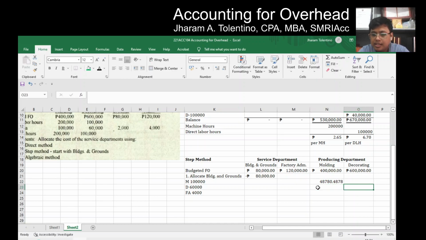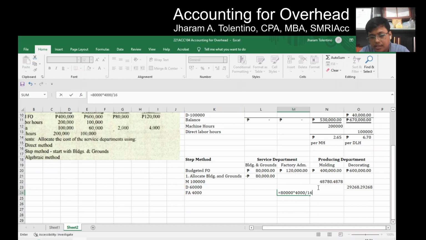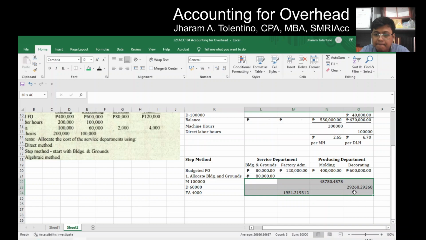Next, ito is 80,000 times 60,000 over 164,000. And lastly, si factory admin will have 80,000 times 4,000 over 164,000. Okay. Pag pinag-add mo yan, that's 80,000.